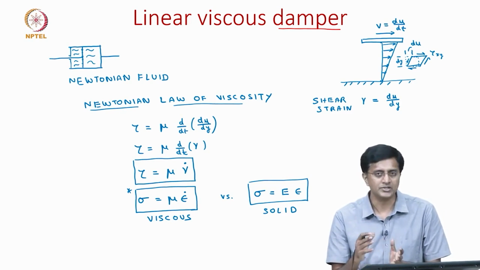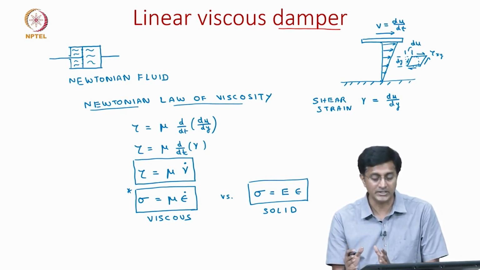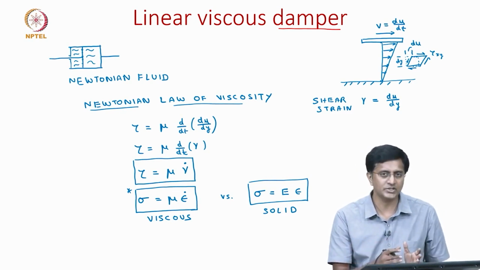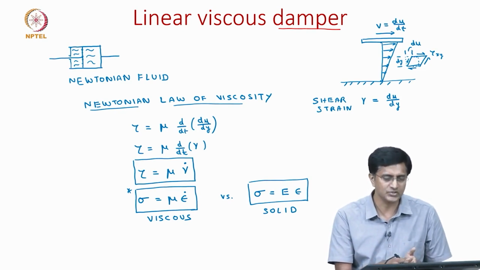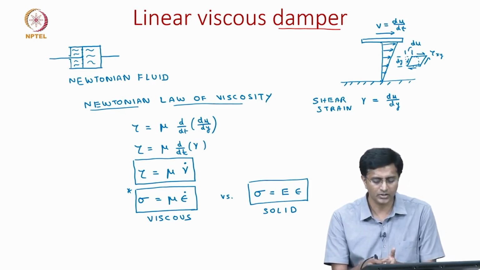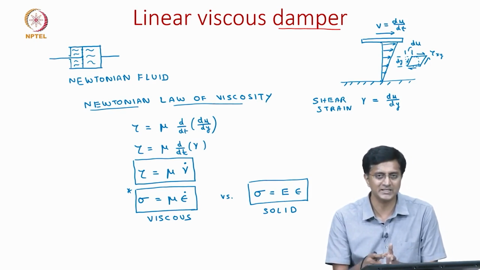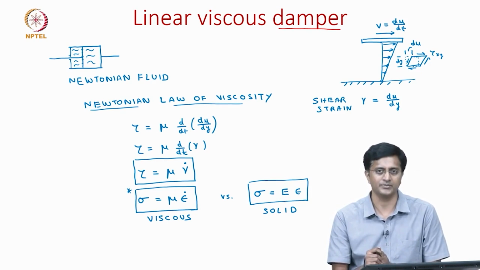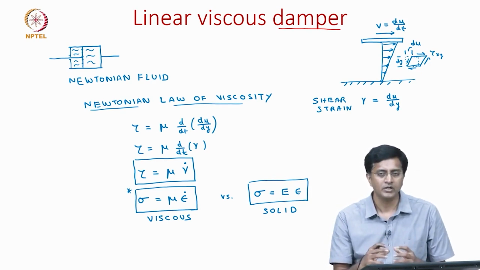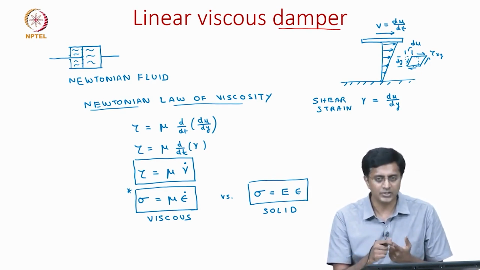In a solid, stress and strain are directly proportional to each other, whereas in a viscous fluid, stress and strain rate are proportional. That proportionality constant is viscosity for a fluid, and E or modulus for a solid. So, now we have defined how a linear solid behaves as well as how a linear fluid behaves.